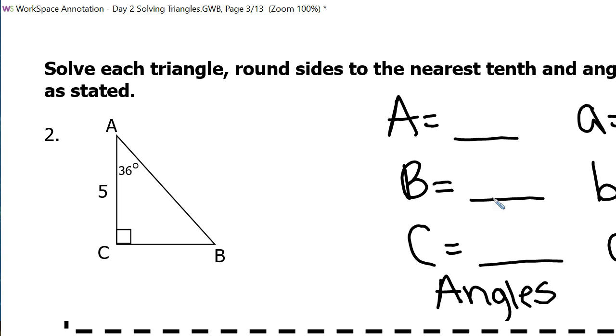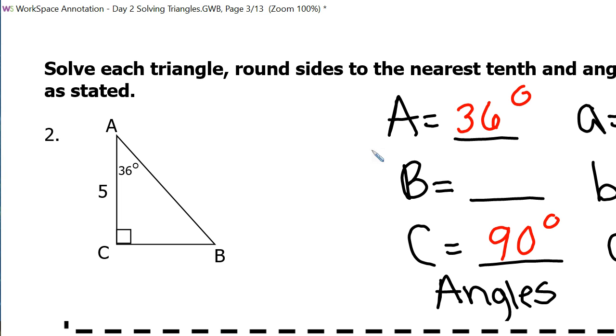Now, when I list my answers on the key, it will be just like this. The angles will be listed first, and then the sides, and I typically write them in alphabetical order, so A, B, C. Now, let's go ahead and fill in what they gave us. They told us that angle A is 36 degrees. Angle C is marked as a 90-degree angle.